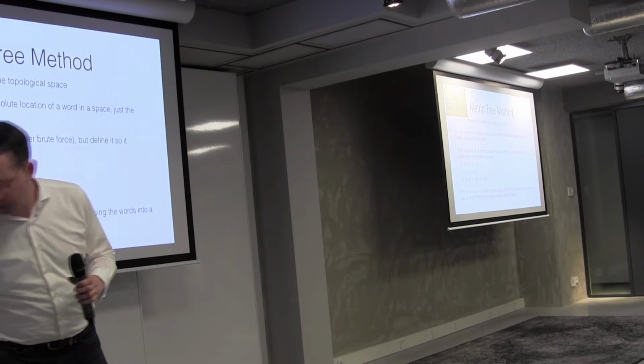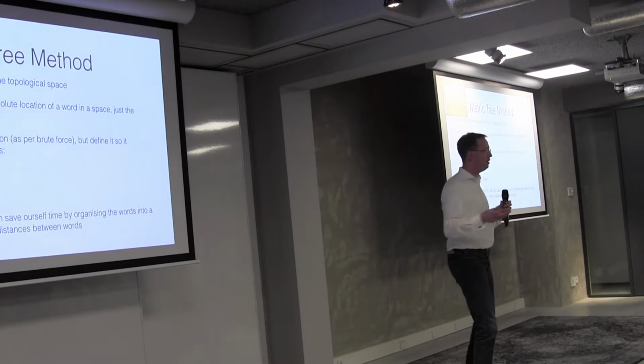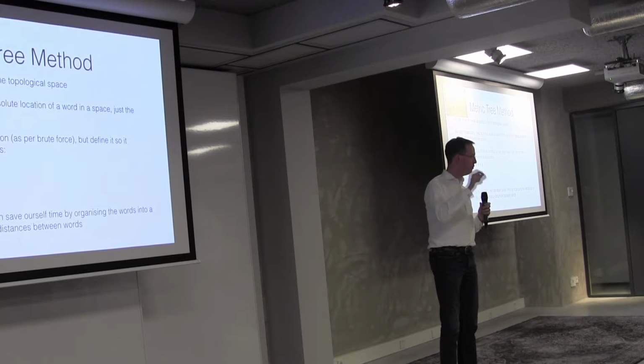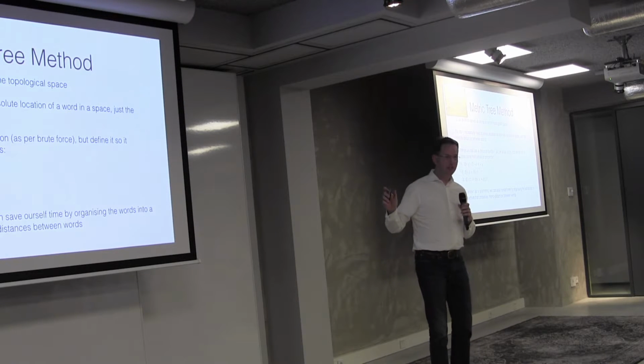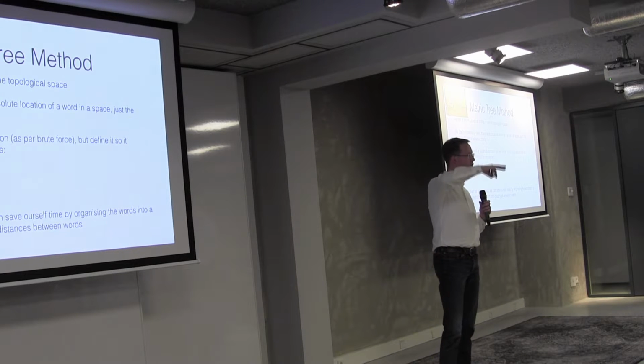So the distance between x and z is always smaller than or equal to going from x first to y and then from y to z. If you have this as a distance metric, you can reduce the brute force cost of comparing everything versus everything.